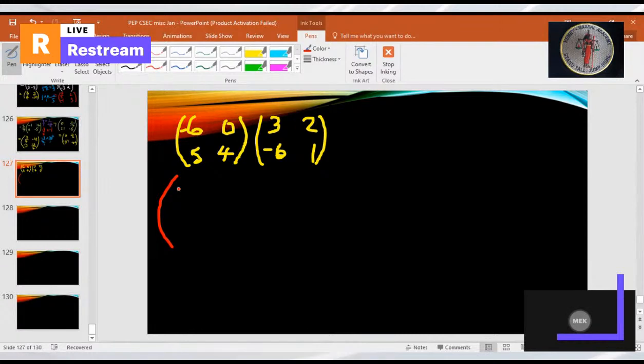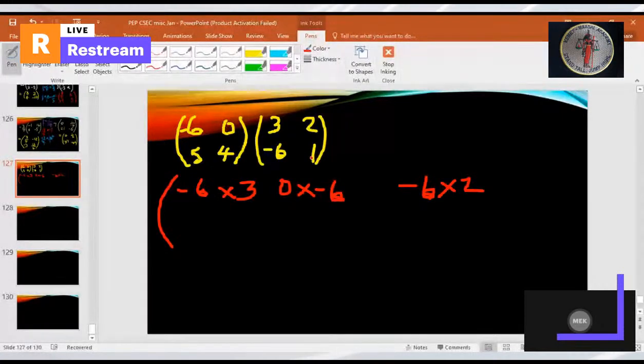Negative 6 times 3, and 0 times negative 6. Then we'll have negative 6 times 2, and then 0 times 1.